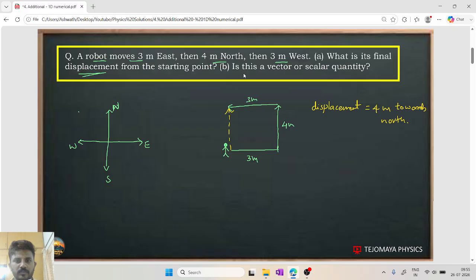Next, is this a vector or a scalar? Here they're asking for displacement. Displacement is a vector quantity because it has both magnitude and direction, so it is a vector. Clear?